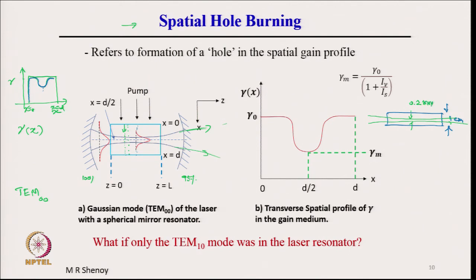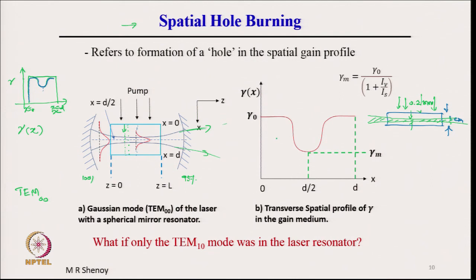We took an example earlier; that is very small, less than a fraction of a millimeter, which means the beam is primarily confined to a small area and the rest of the medium is not exposed to the radiation, whereas pumping takes place everywhere, and therefore there will be gain everywhere, but the gain will be depleted where the intensity of the beam is present.